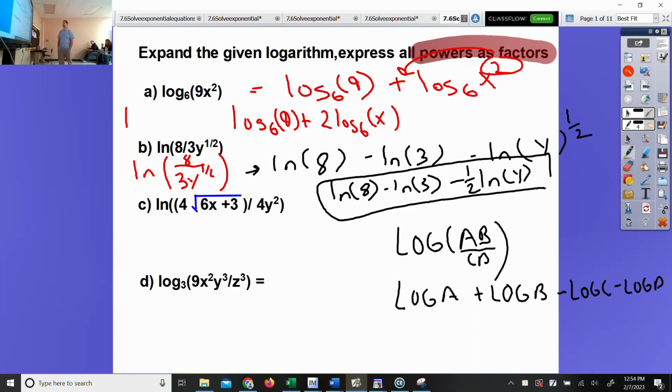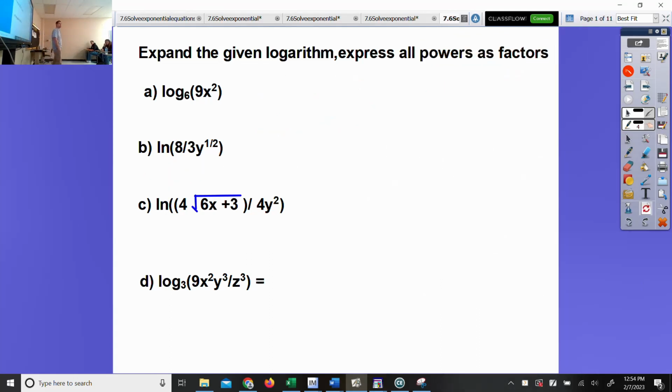All right. Anybody any questions on that? No. Now to the next one. How many pieces inside that logarithm? 3. Nope.